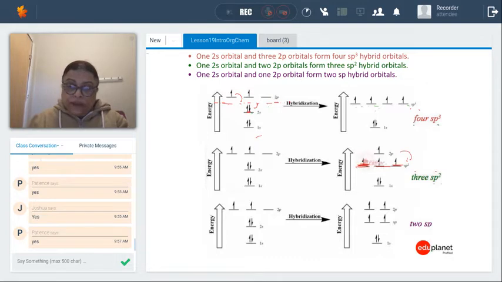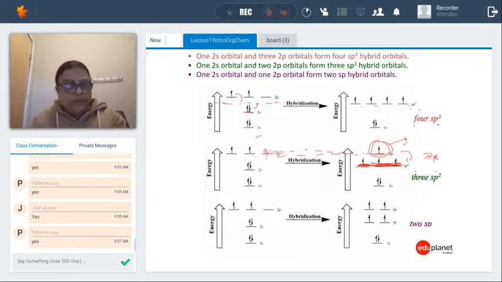And you see now I have only 3 that are low and 1 that is high. This one is not mixed. It is the same energy as the non-mixed p orbitals because it is not mixed with the s.